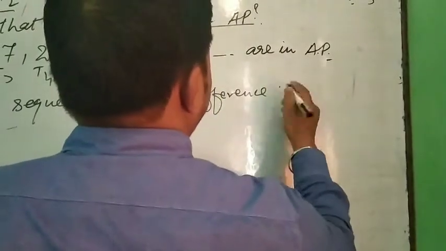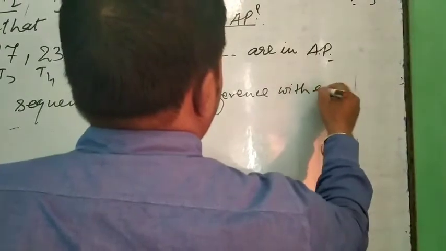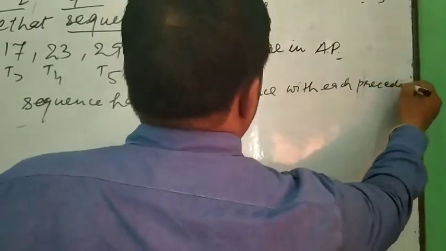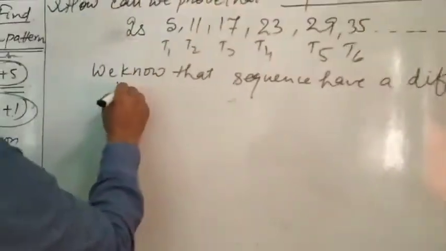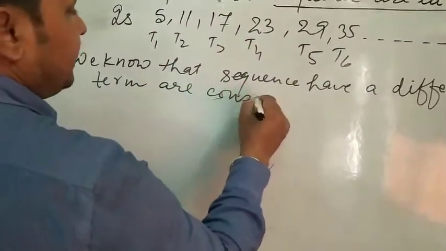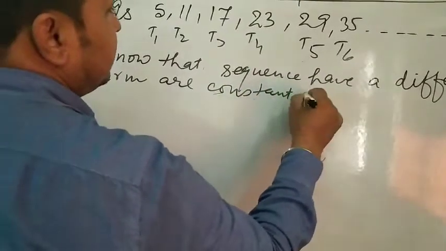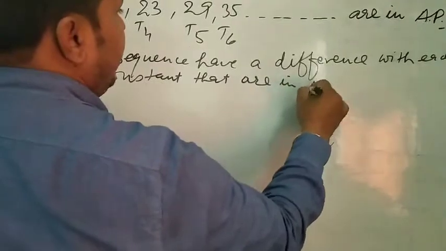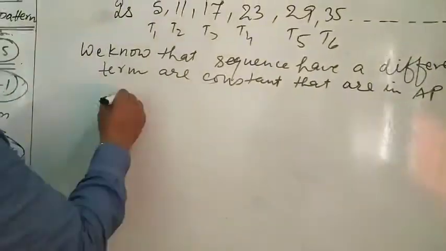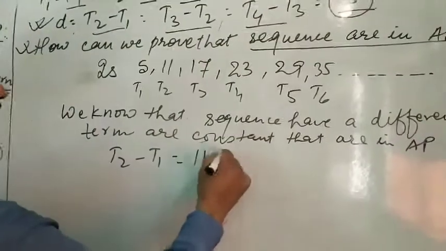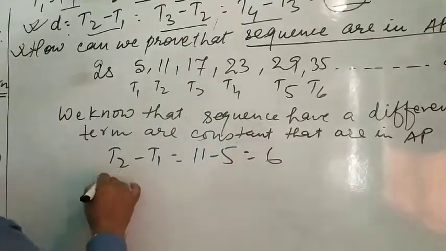If the differences with each preceding term are constant, then they are in AP. So T2 minus T1, we got 11 minus 5, that means 6.